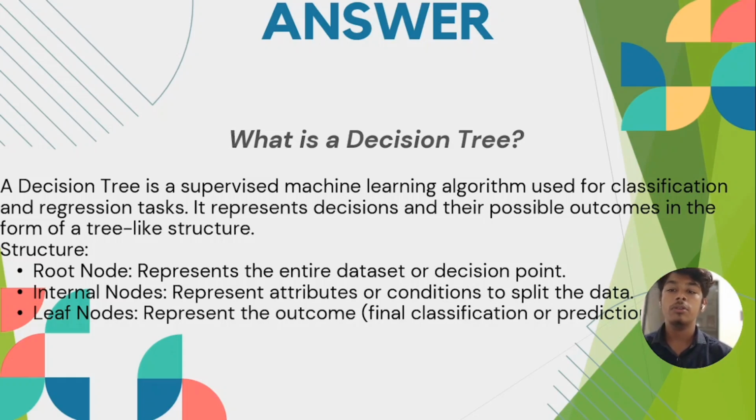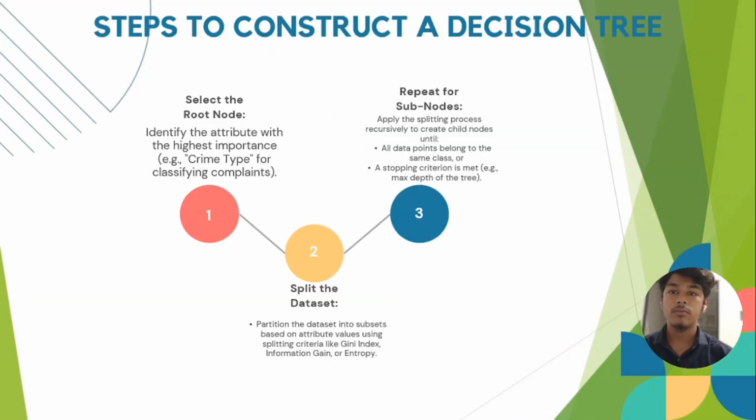Now, the root node represents the entire data set or decision point. Internal nodes represent conditions to split the data, for example, yes and no. Leaf nodes represent the outcome. Steps to construct a decision tree.